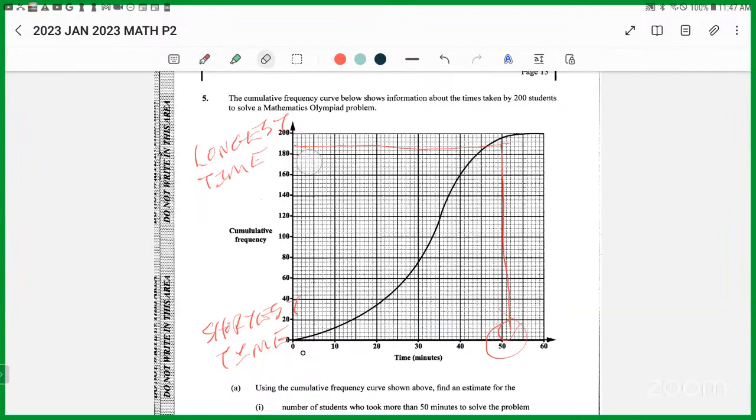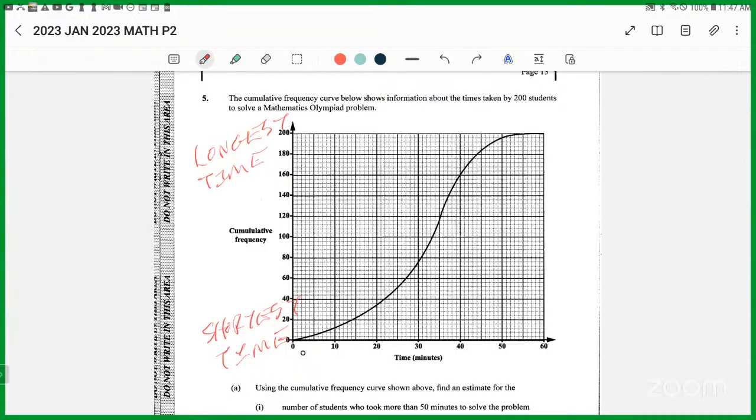Now, also remember that the graph is not showing the exact time that they took, because generally speaking, a cumulative frequency graph is drawn when the data is grouped and you don't know exactly the time taken by the students. So it is either a less than graph or a less than or equal to graph.